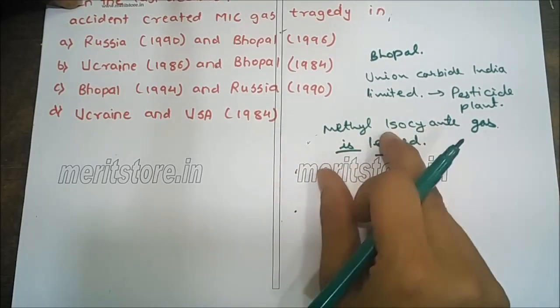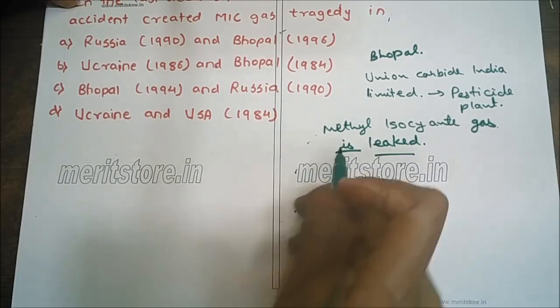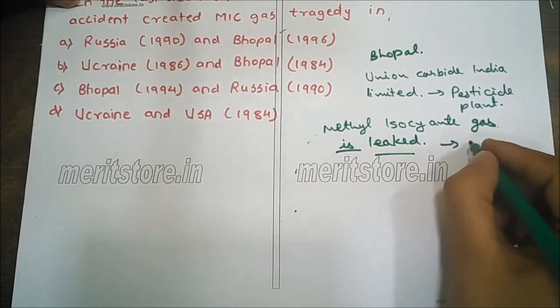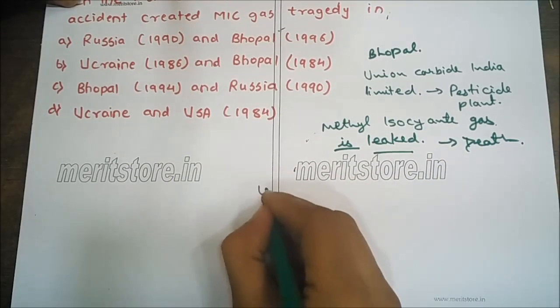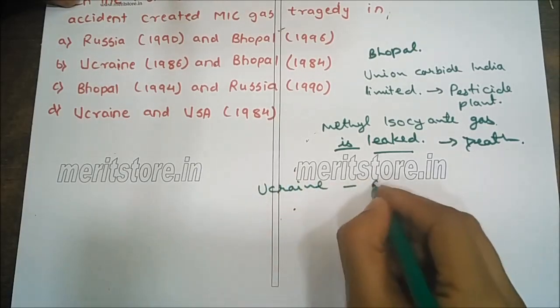The harmful effect of this methyl isocyanate gas caused the death of thousands of people in Bhopal, MP. And in Ukraine, there's a place Chernobyl.